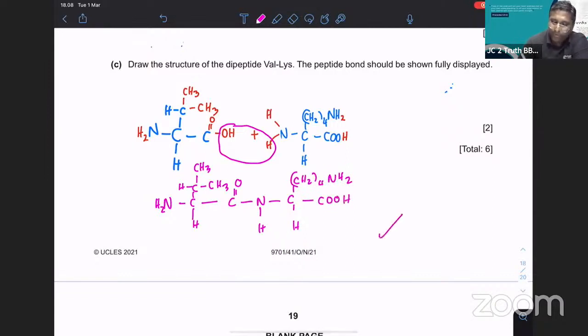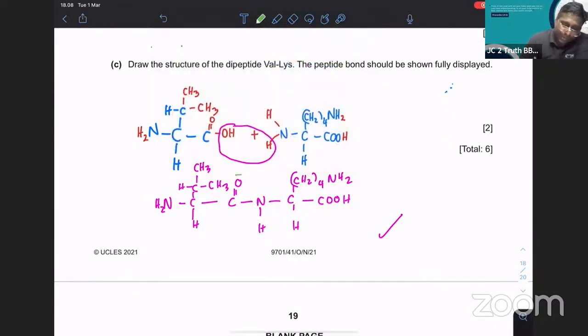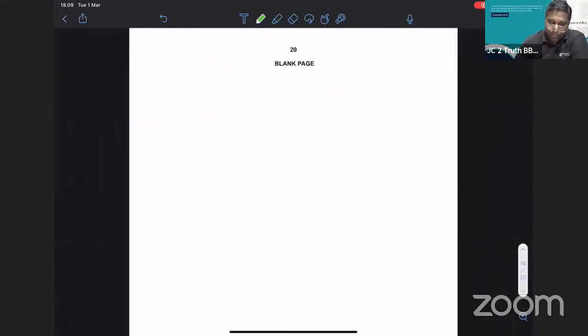So this is a dipeptide. They ask that it should be fully displayed. If you want, you can indicate this is the peptide linkage or peptide bond. Done.